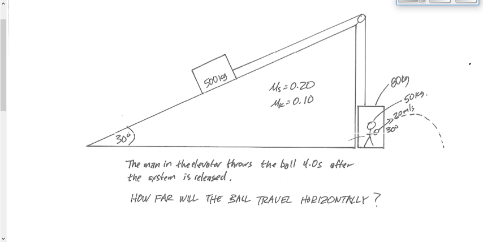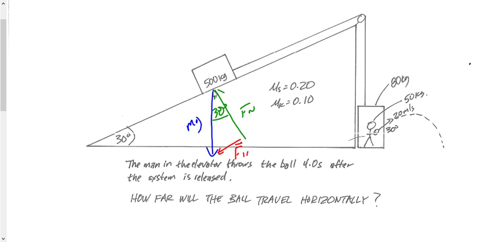Let's say there's a force of gravity acting down on the 500 kilogram mass, and there's a normal force acting perpendicular. Let's get F parallel up here.